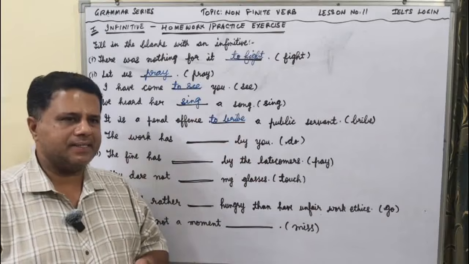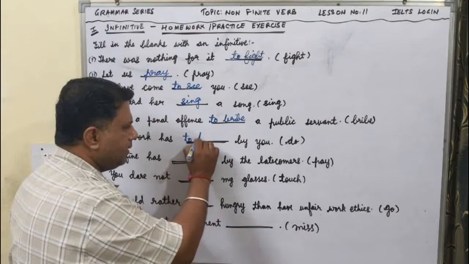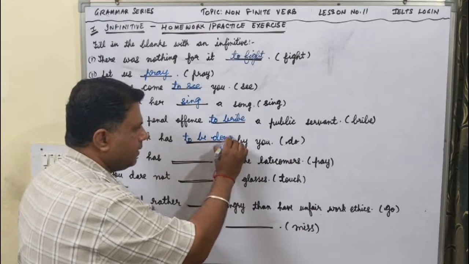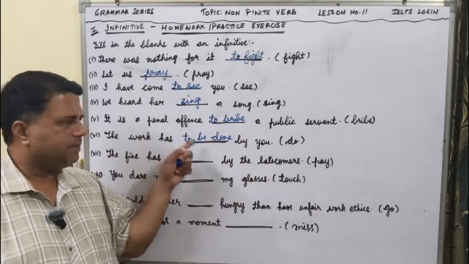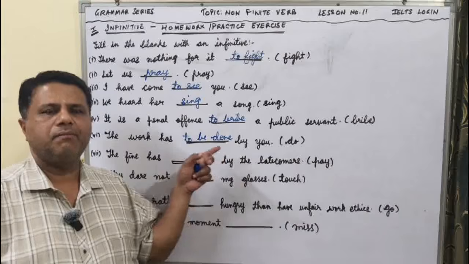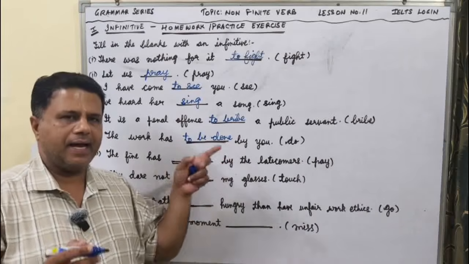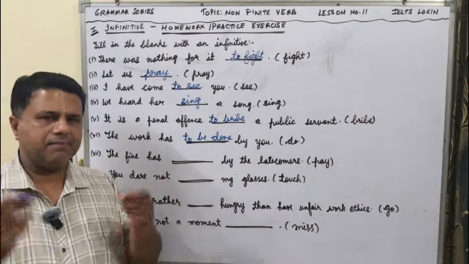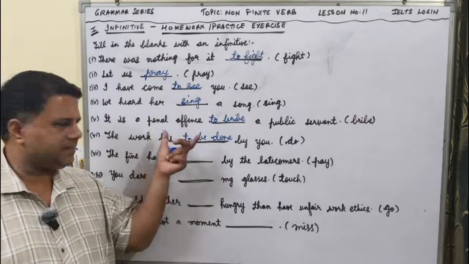If a passive sentence is there, then we will have this structure: to be done. The work has to be done by you. Please make sure to go through this concept before filling the blank. Don't just fill in the blank blindly as to infinitive active. Sometimes a passive sentence can also be given.